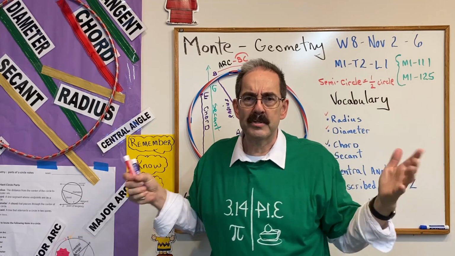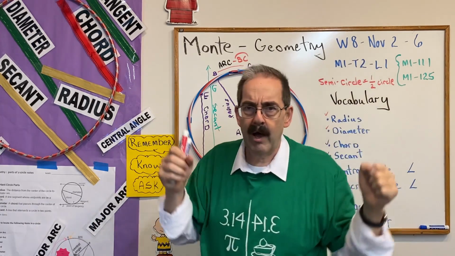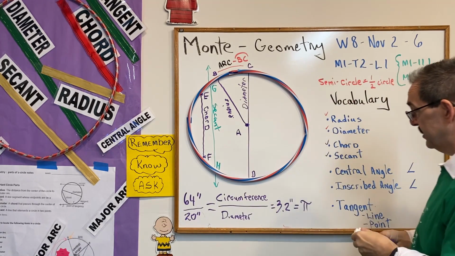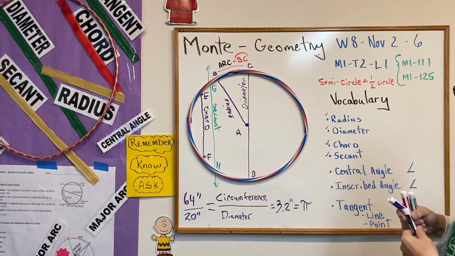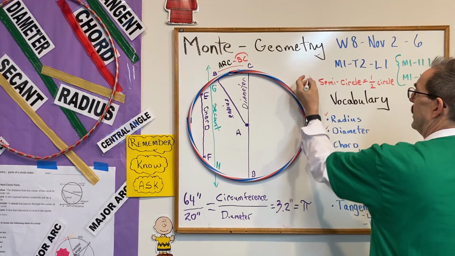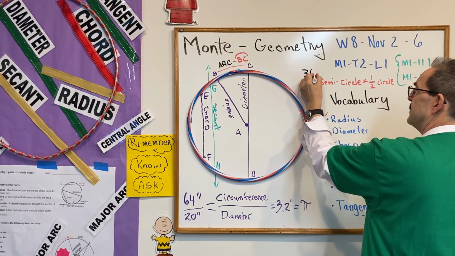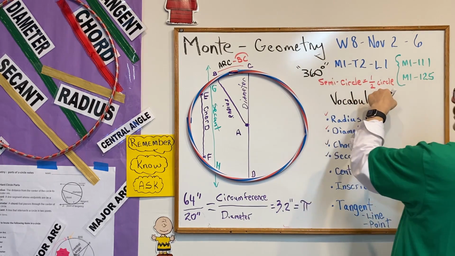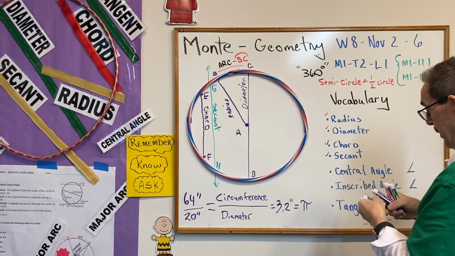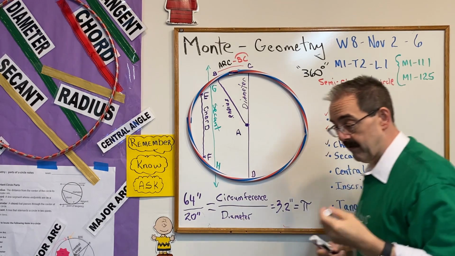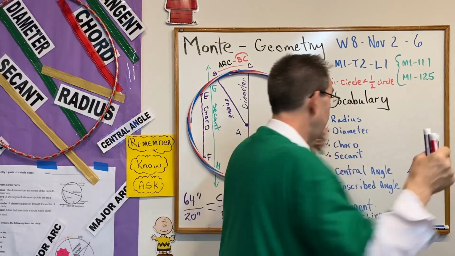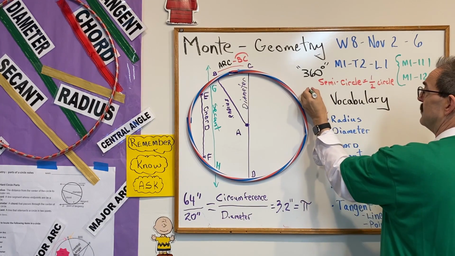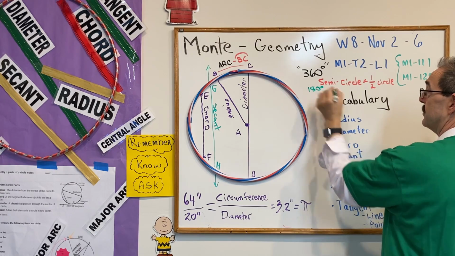Right? You skateboarders. When I go all the way around, how far did I go? 360 degrees. Let's put that down here. A circle has 360 degrees. So a half circle would be a 180, right? For you skateboarders, when I spin, boom, that's a 180, right? So half a circle, 180 degrees.